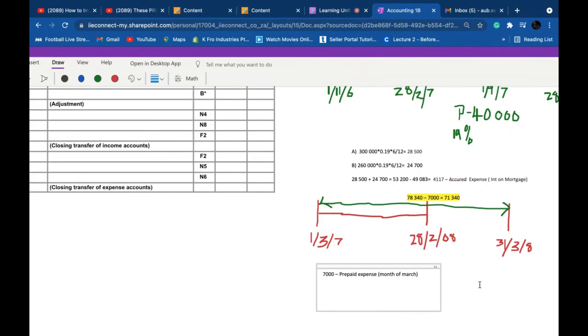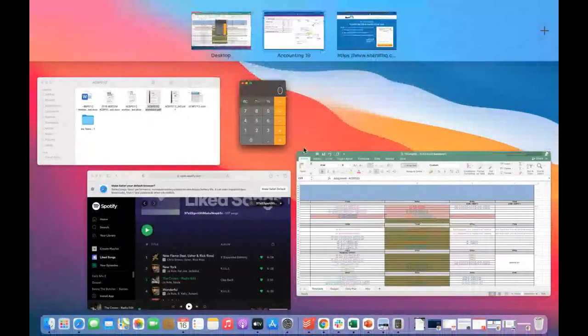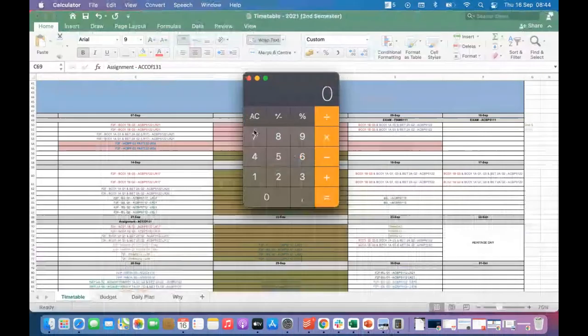All you know is that your salaries and wages total 78,340. So then you say, how much am I paying this individual every month? That's when you would have to divide by 13 to find the monthly salary for this person.